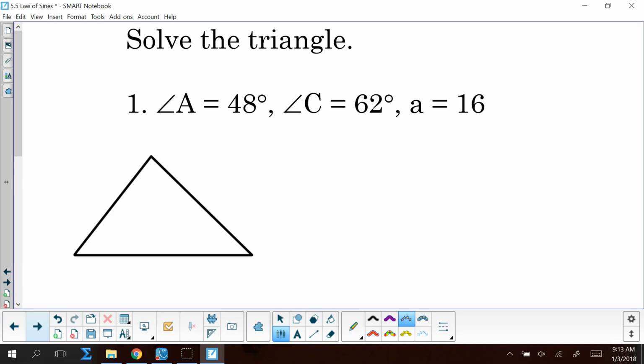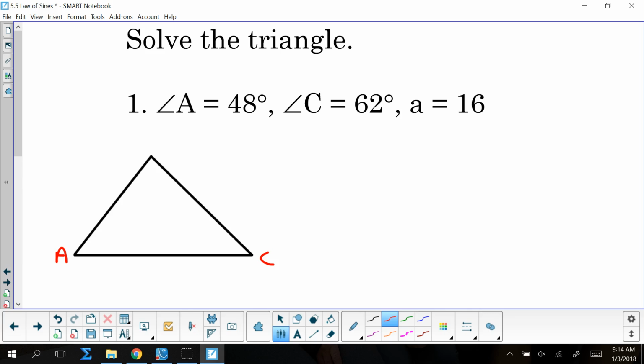So, my next question to you is, does it matter which one's angle A and which one's angle C in this particular problem? Does it matter? No. If you wanted to put angle A down here and angle C over there, that's fine.